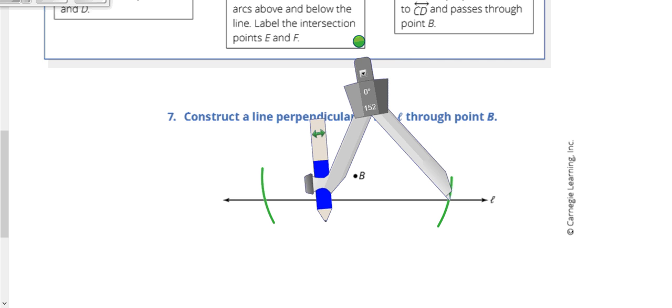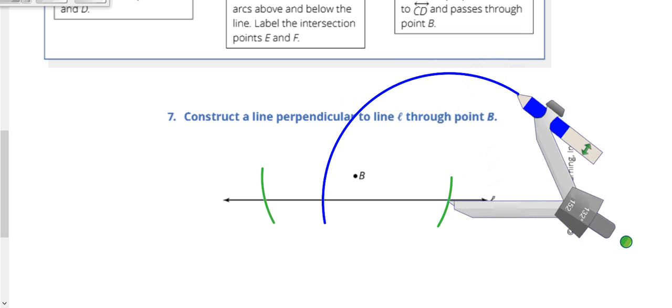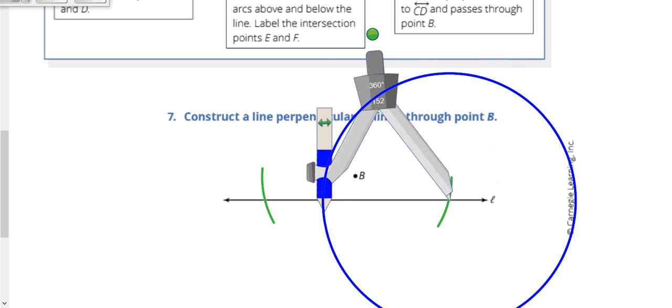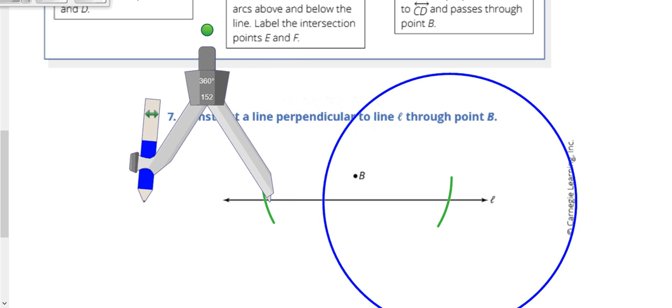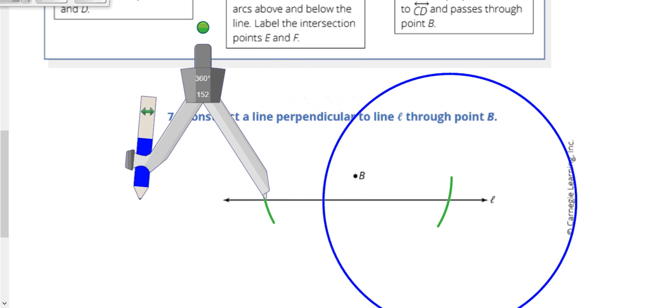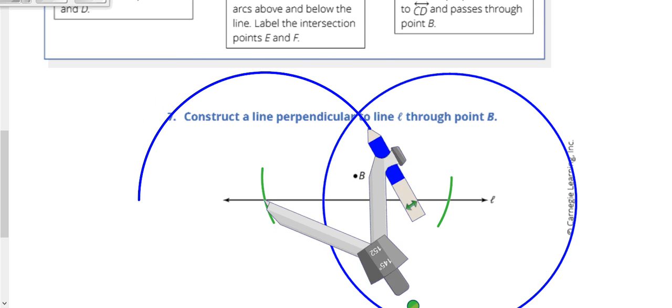And then I am going to draw a circle around the point that I have created on line L. So I'm just going to draw a circle around here. Pick up the pointy end. Get it as best I can. Again, remember, don't squeeze or squish or pull it out. You want it to be the same size circle that you just created around your one. And then I am going to draw a circle around this one.